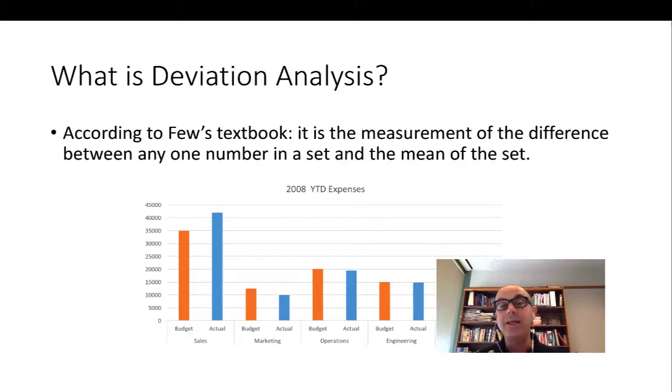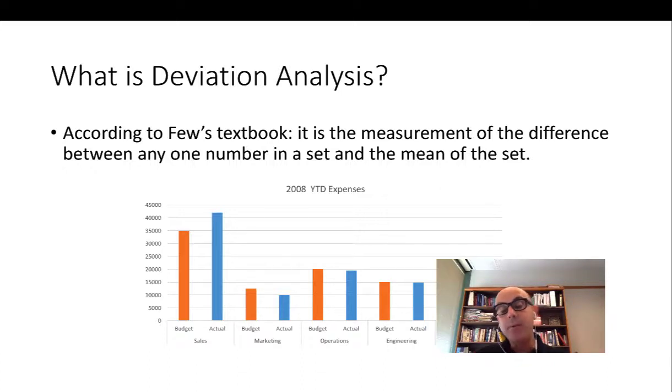So the idea of our textbook is that deviation analysis is the measurement of difference between any one number in a set and the mean of the set. Okay, big words. Between any one number and the mean of the other numbers, which means that he breaks down, in this example expenses, into sales, marketing, operation, engineering, and finance.